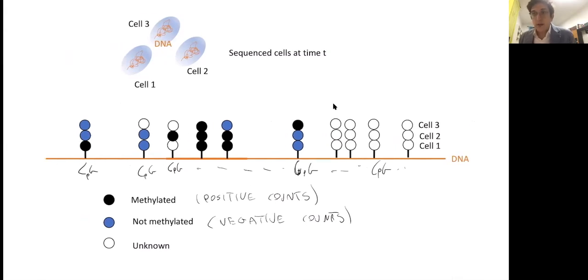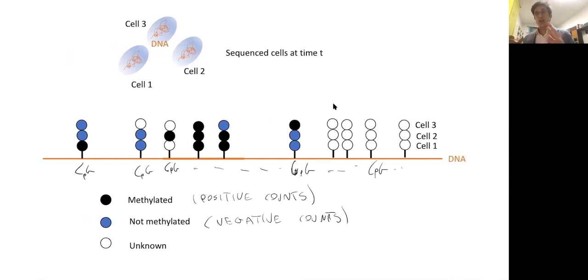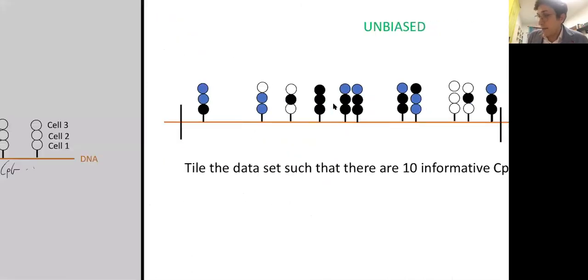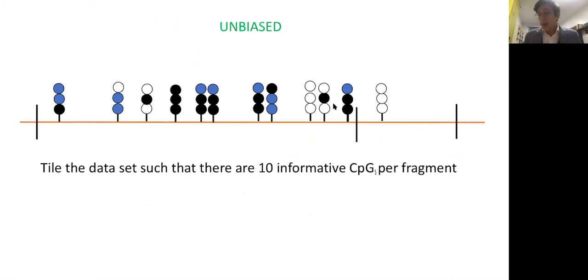Now we would like to construct a data set given this information that we have, and even the controversial information, which are sites that we don't know anything about. And what we do is called an unbiased tiling. In the sense, we tile the data set and the DNA such that there are 10 informative CpGs per fragment.